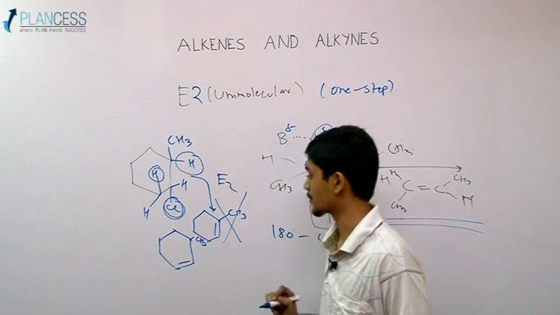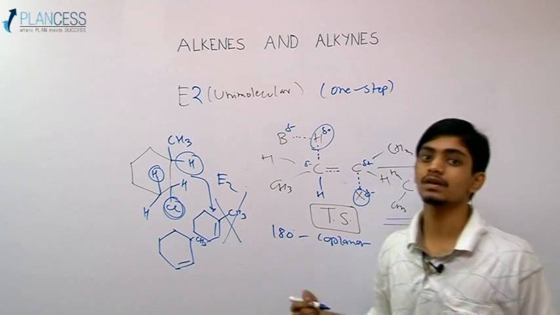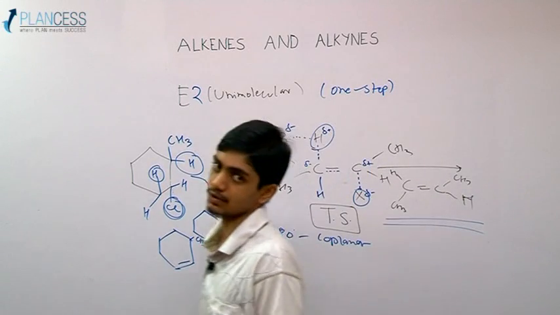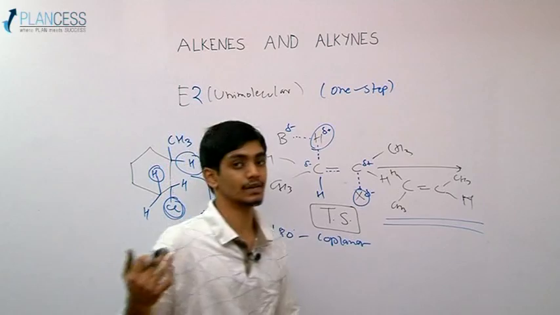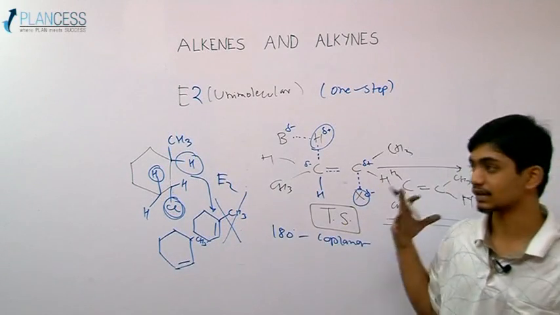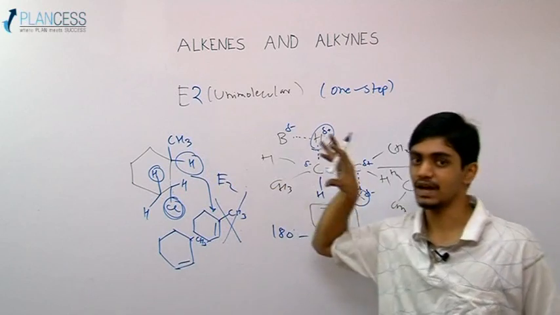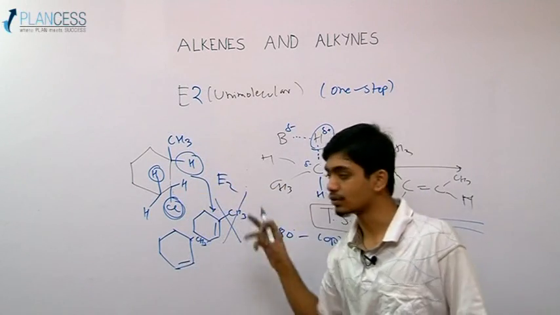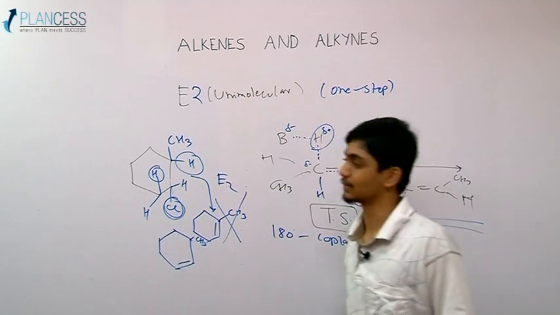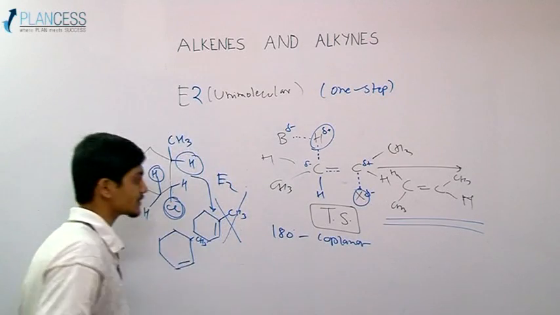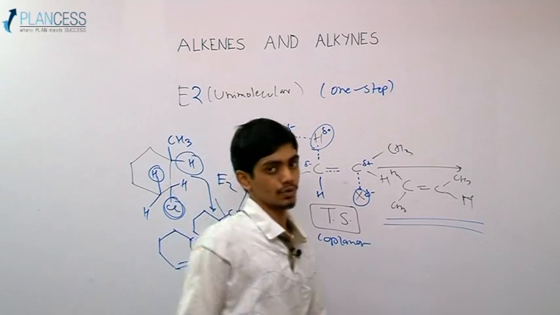So we get a Hofmann product which follows from the geometry or the symmetry of the molecule. This is not due to the stability of the product, this is because of the condition based on the E2 mechanism, that the hydrogen and the chlorine must be anti to each other. This is a very, very important concept and please take note of it.